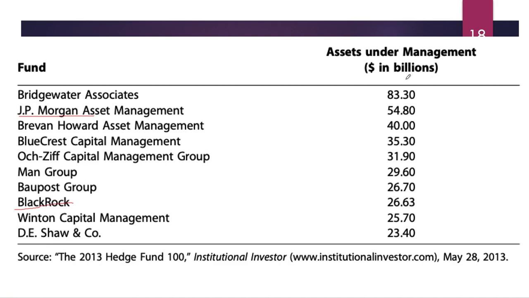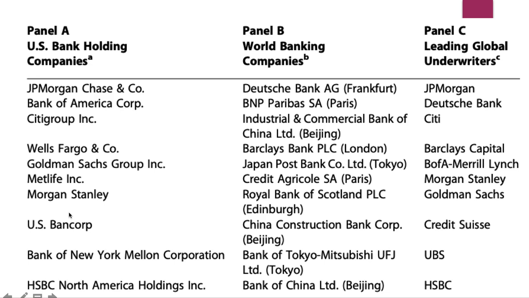So these are some examples as of 2013. Of course, if we check this now, there might be some significant changes in the ranking of these funds that displays the assets under management. But basically, these are all very major, large funds that still operate.